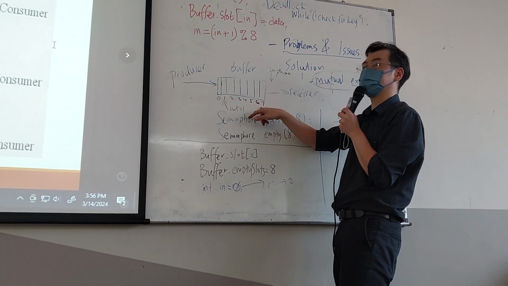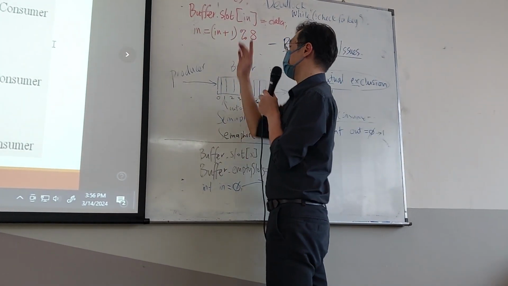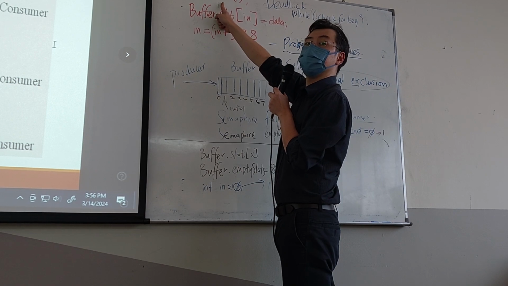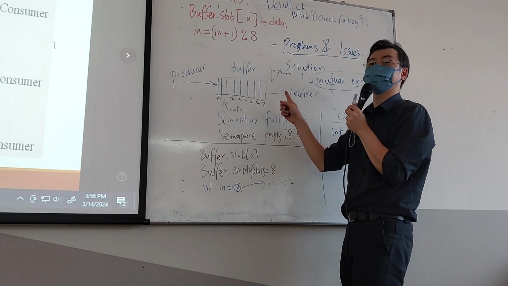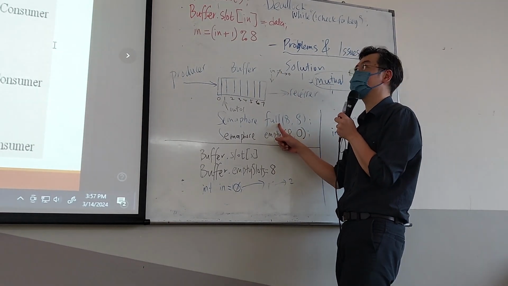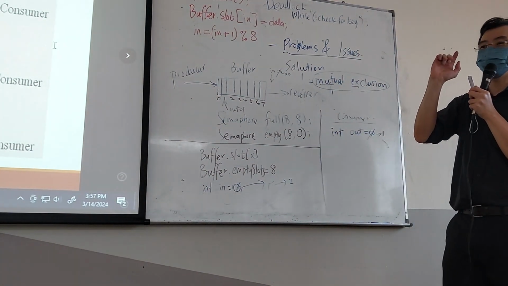You reach 7. You put the data in already. The next time when you come in, because it's full, when you perform a down, the counter is 0 already because it's full, right? So the counter is going to be 0. If you perform a down, you're going to be blocked. Understand?